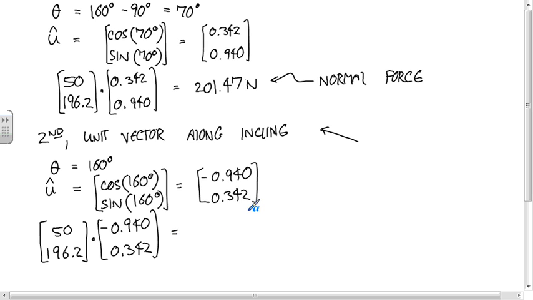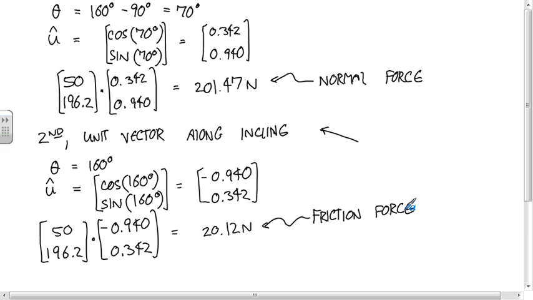20.1. Okay, 20.12 newtons, and that's the friction force. Yes, that's right. And if we would have instead made our unit vector go down the incline like that, we would have gotten negative 20.2, which would have said that our guess about the direction was backwards.